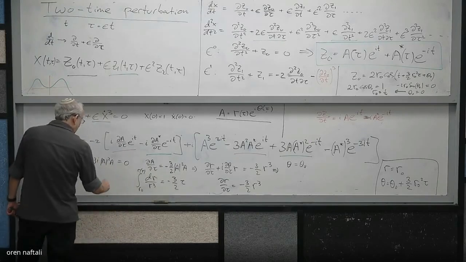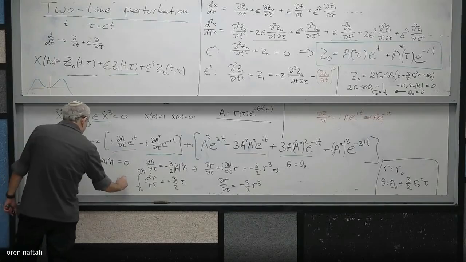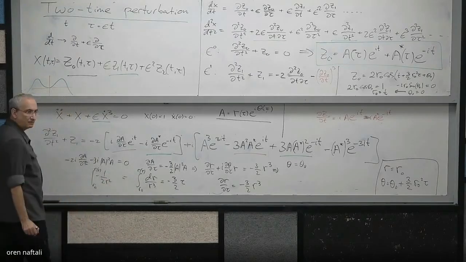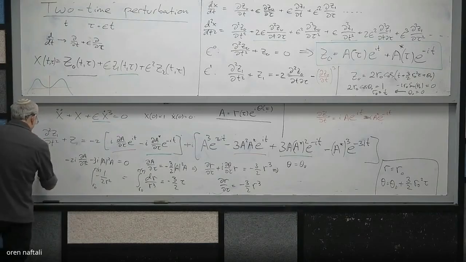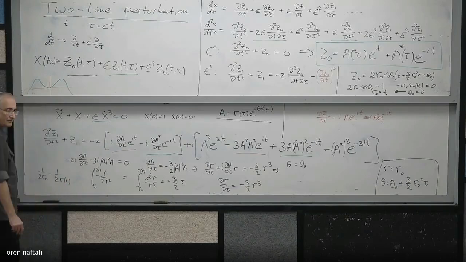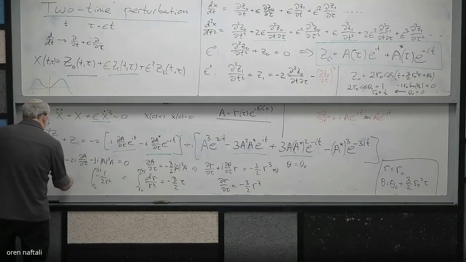This is, from r naught to r of tau, of 1 over 2r squared with a minus sign. Am I right? Let's check, because I brought the wrong notes. So this is 1 over 2r naught squared minus 1 over 2r of tau squared. Yes?